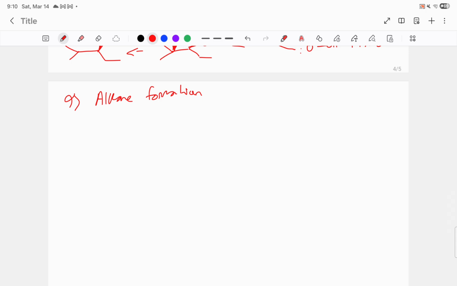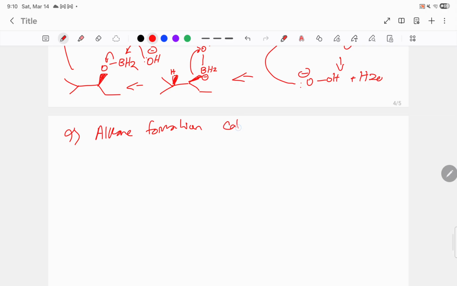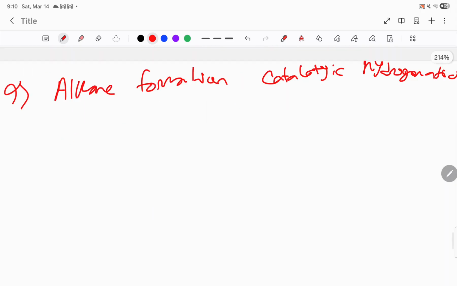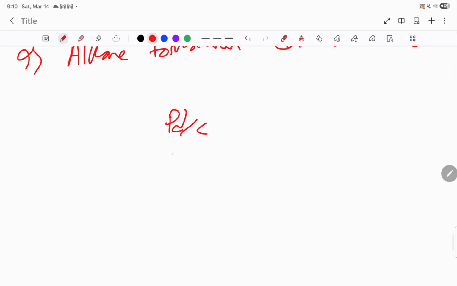Okay, let's take a look at this. So this reaction is called a catalytic hydrogenation. And if you remember, I told you that it requires a precious metal catalyst. The precious metal catalyst can be anything such as palladium on carbon, platinum dioxide, or something like nickel.